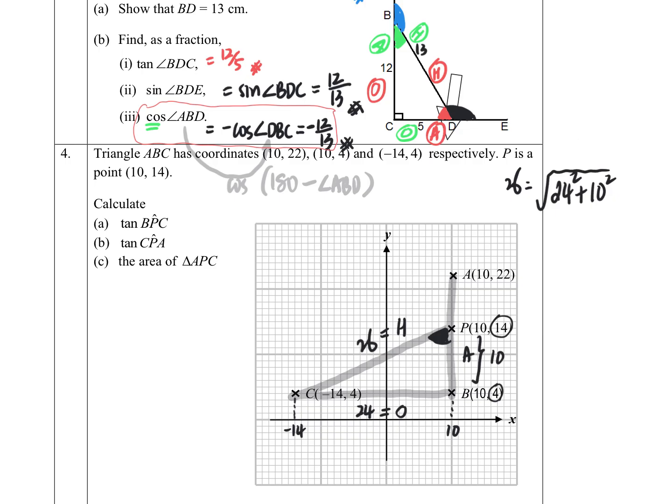So now tangent BPC is O over A. So it's just 24 over 10. Okay, simplify it always. I'm just saying that CPA and BPC are equivalent. I can write this as this instead, also can.